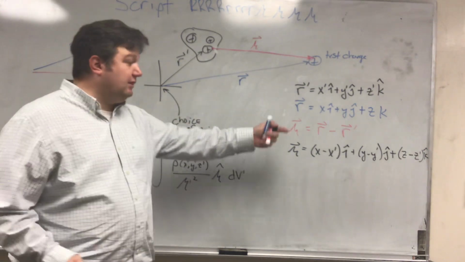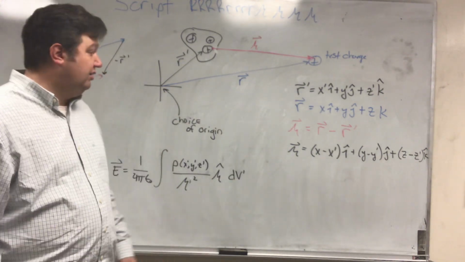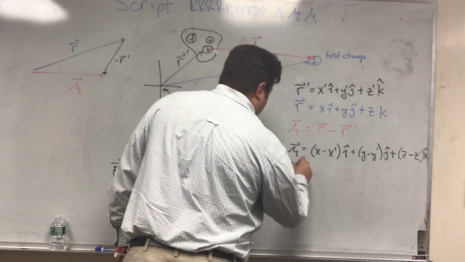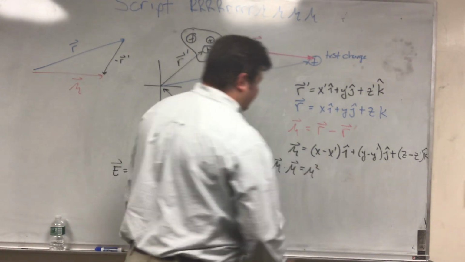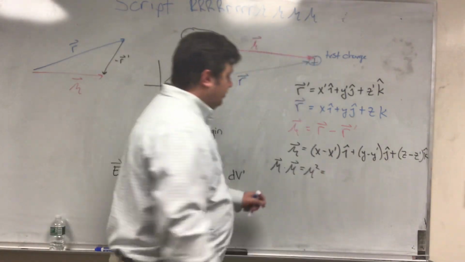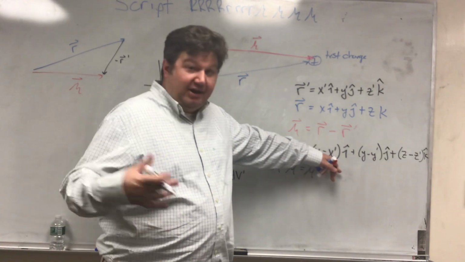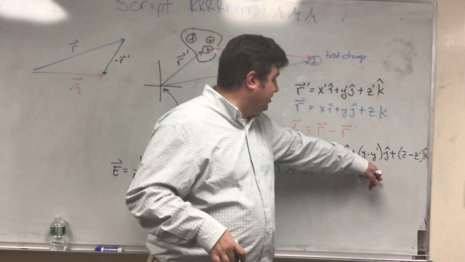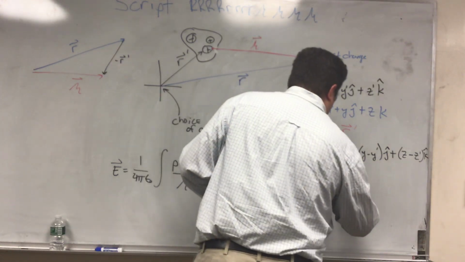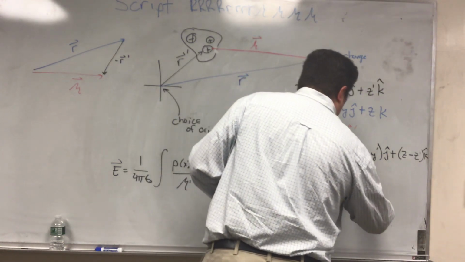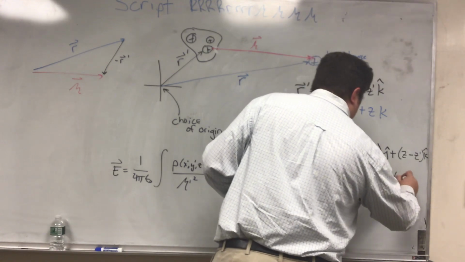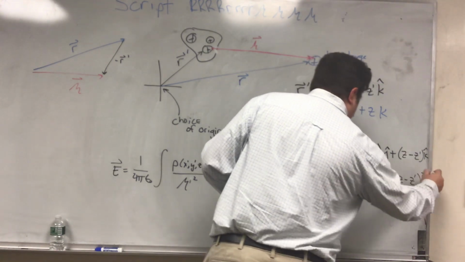So you have all the variables in there. And of course, if I take the dot product with itself, right, or I square it, right, so only the i hat dot i hat terms are going to survive, j hat dot j hat and k hat dot k hat. So this becomes x minus x prime squared plus y minus y prime squared plus z minus z prime squared.